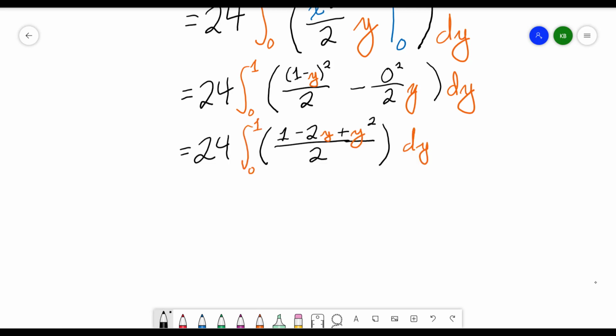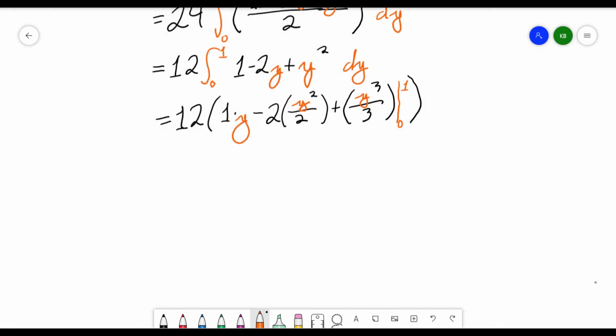And now I can simplify it even more, noticing that the denominator of 2 is applied to everything in there. And so I'm going to pull that out front with the 24 as well. And now I have everything simplified, so I'm ready to integrate with respect to y. And again, this looks like a single variable calculus version of an integral, so hopefully you have lots of practice doing those.